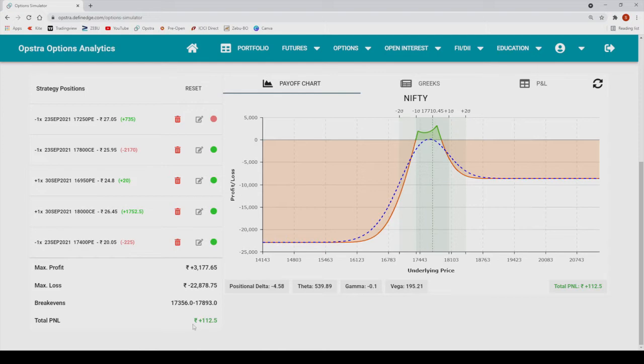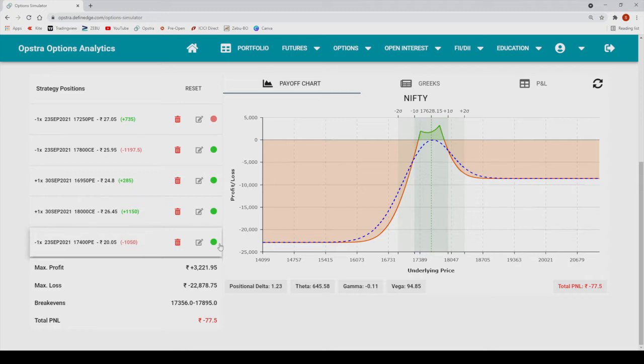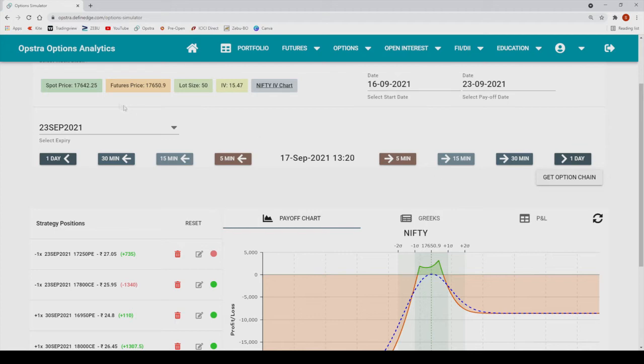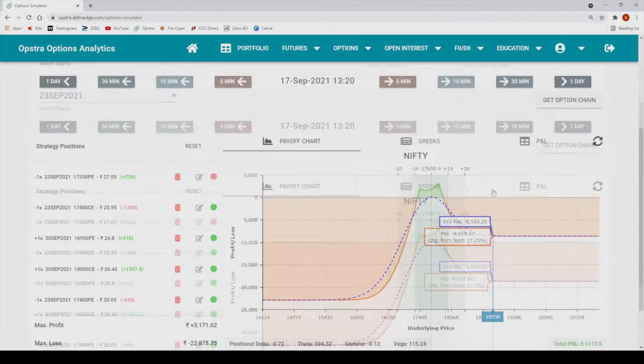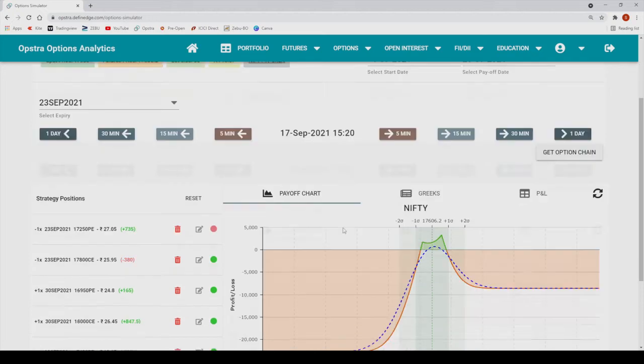679, 627, 623, 642, 650, 583, 624. So we are almost at the end of the day.